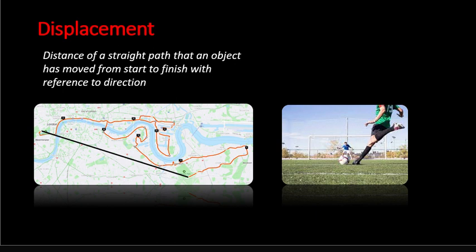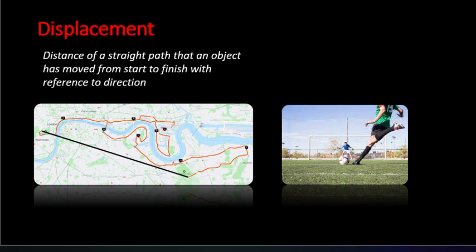And then for an object, the football, if it's shot from the 18-yard box, then the displacement from where the ball is being struck to the goal is 18 yards, and it won't take into account the flight path and add any of that distance. It would just be 18 yards in the positive direction, and that's the same with the marathon. It will be in the positive direction or north or whichever reference to direction.